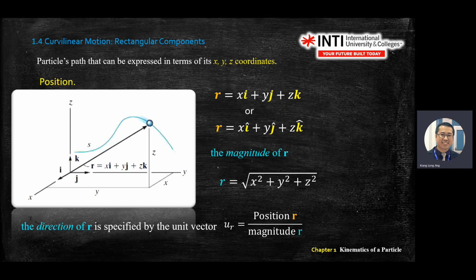So again, you have magnitude and direction. So how to find direction? Direction you already have, I. And direction is given by position divided by magnitude.